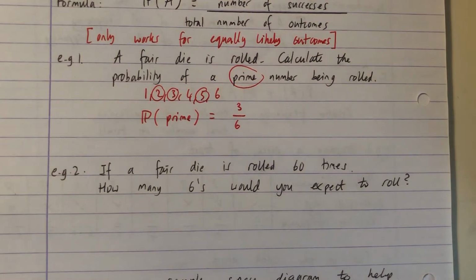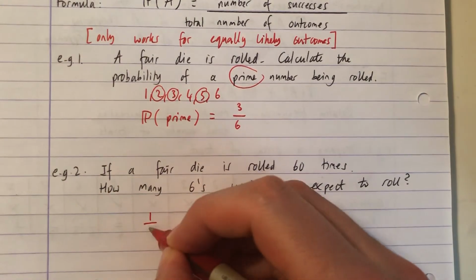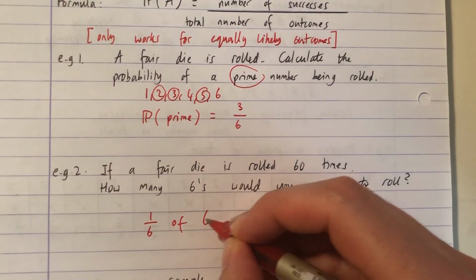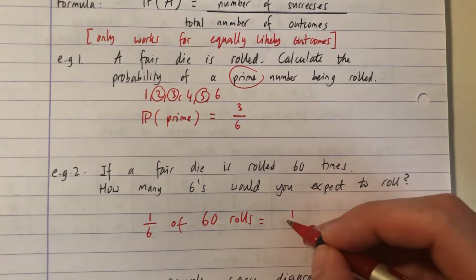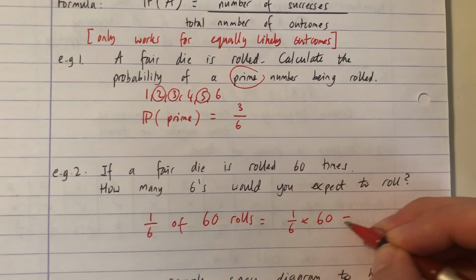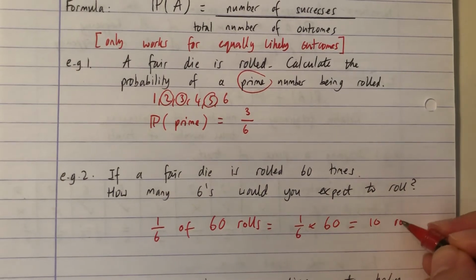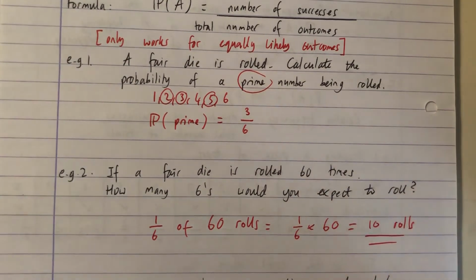Before I actually do the rolling, how many 6s should I expect to get? Now, if this was a fair die, which they're claiming it is, 1/6 of the rolls should be a 6. So 1/6 of the 60 rolls, which is 1/6 times 60, which is 10 of them. So 10 rolls should end up being a 6.